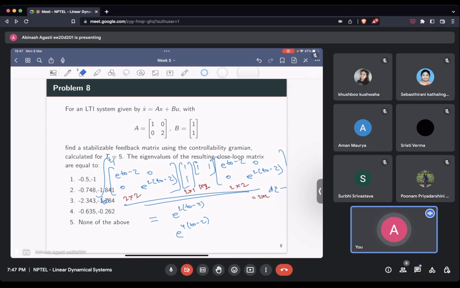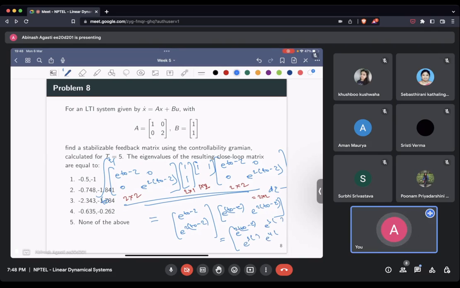Okay, so you can write the inside part as e to the power t naught minus tau, 2 times t naught minus tau, and 4 times t naught minus tau. So this total will become e to the power t naught minus tau times 2. Here you'll get 3, same thing. Here you'll get 3, same thing.